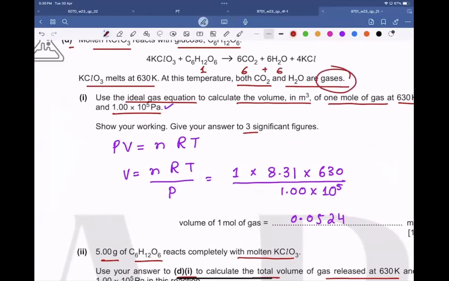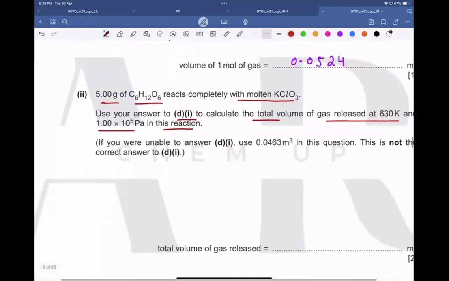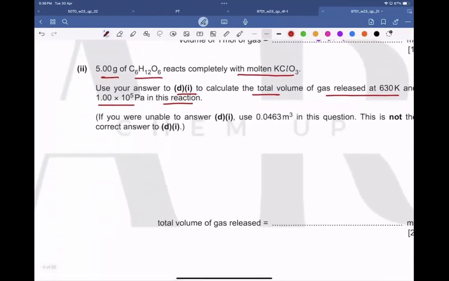And as they have told you that at 630 Kelvin, both are gases. So it means that 1 mole of glucose is releasing 12 moles of gases. Is this understandable to all of you? So if we can make a ratio over here, glucose versus gases. And from the balanced equation, we got it: 1 mole of glucose is releasing 12 moles of gases, right?